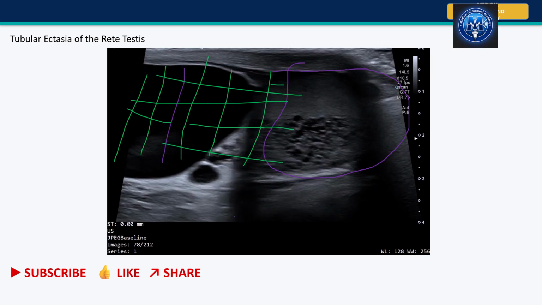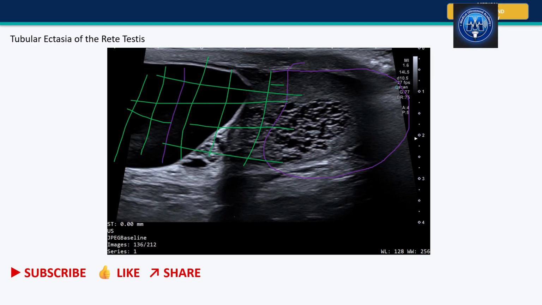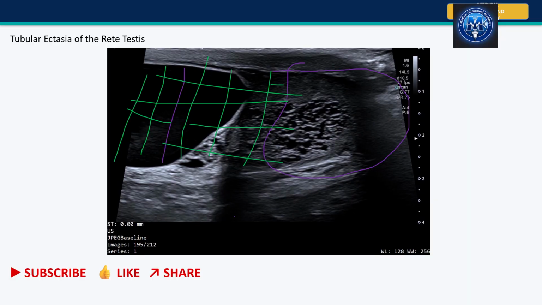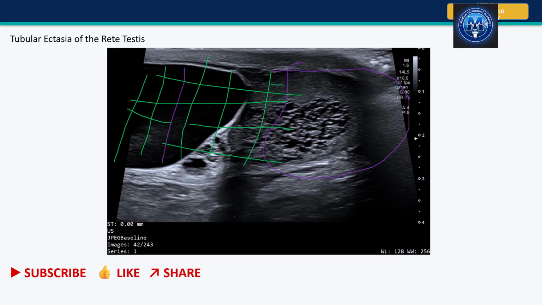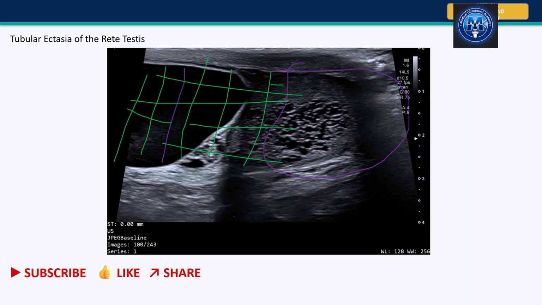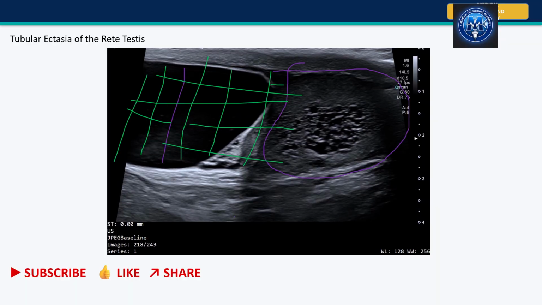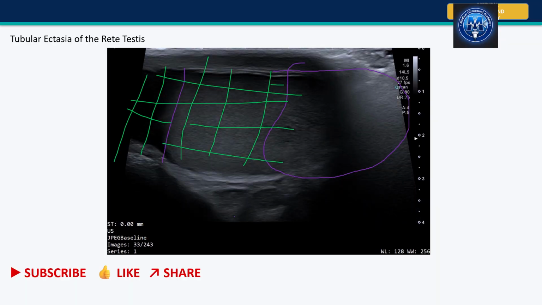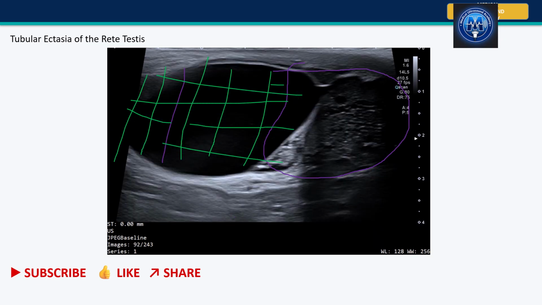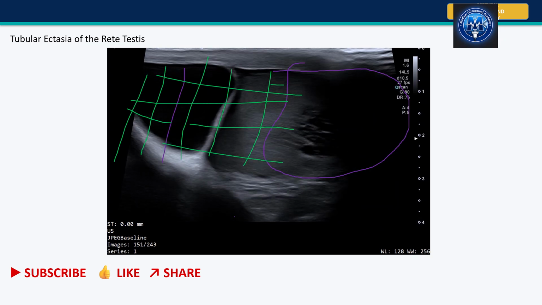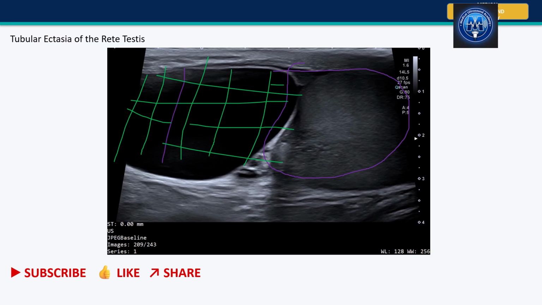So you must appreciate it in that context. Do not confuse an encysted hydrocele with an epididymal head cyst or a spermatocele. You should be in a position to differentiate those.